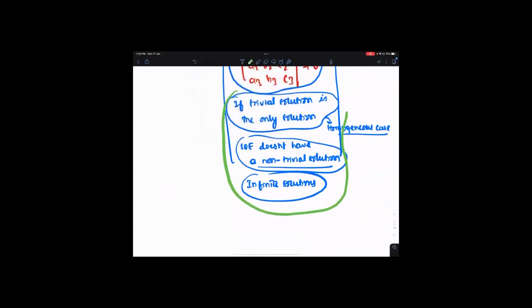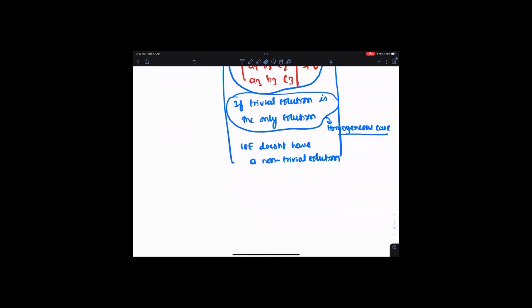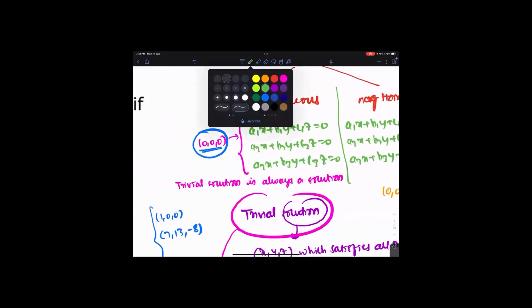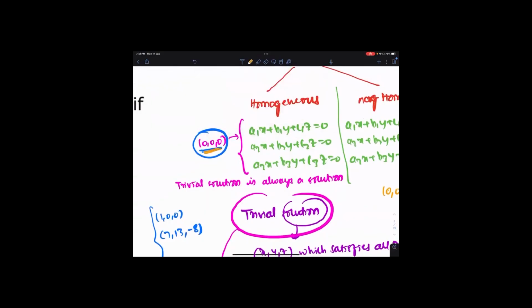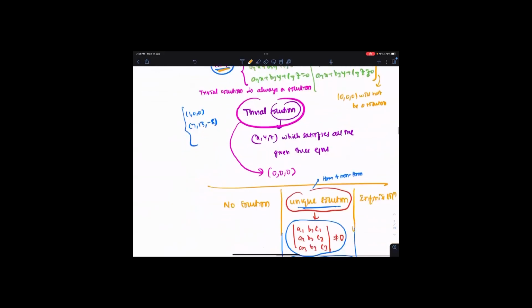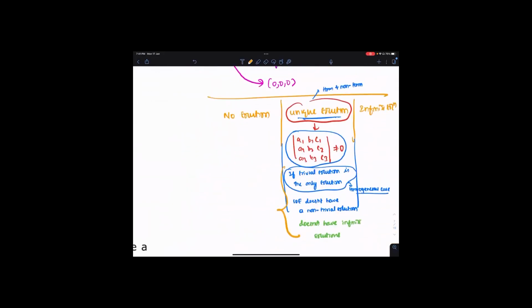Whether they say the system does not have infinite solutions, because if system of equations have infinite solutions, it means other than 0, 0, 0, there are solutions. That means it has non-trivial solutions. Okay, more than one. Okay, so simply in homogeneous case, all these three mean the same.